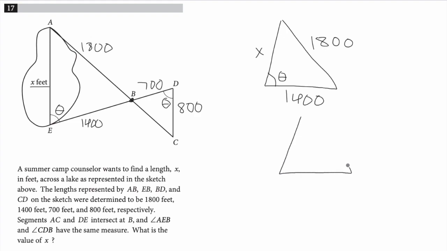I'm going to rotate it to match this angle. 700 is on the right, right here, and then 800 is right over here. Since 800 can be matched to this angle.